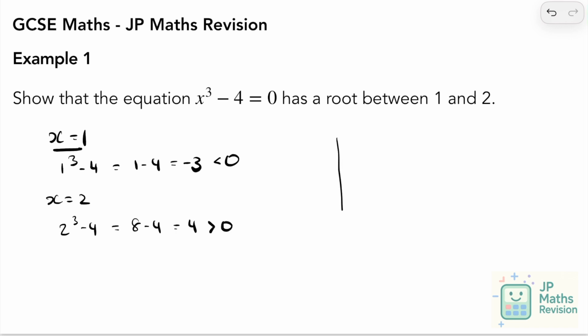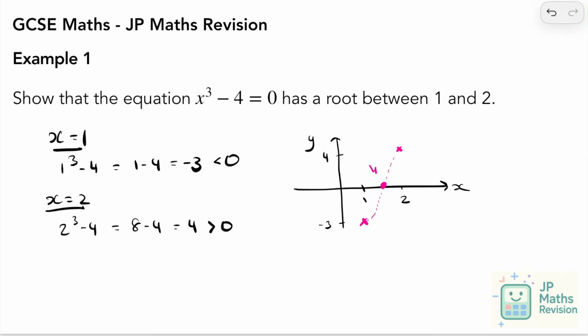If we imagine plotting this on a graph, we would have x and we would have y. We have the x values x equals 1 and x equals 2. When x equals 1, y is minus 3, so that's down here. And when x equals 2, y is equal to 4, so that's up here. In order to connect them, I must have passed the x-axis at some point.